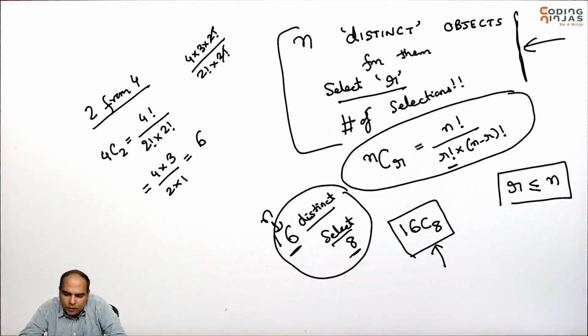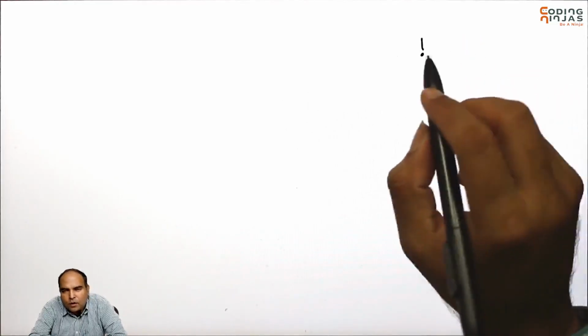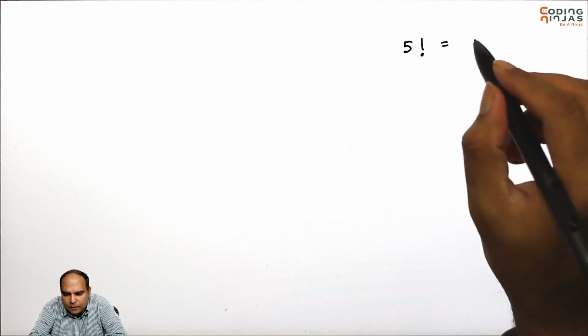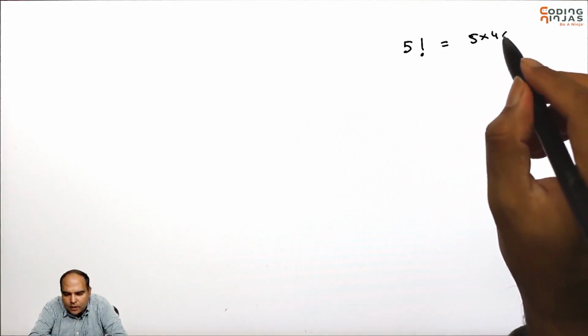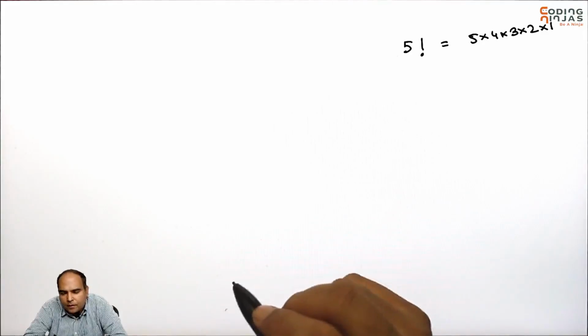Now before I move into questions based on this formula, let me show you a couple of more things about this. The first is the factorial. So when you talk about the factorial, 5 factorial basically means 5 into 4 into 3 into 2 into 1. It's the product of all the natural numbers starting from 1 to that number, right?